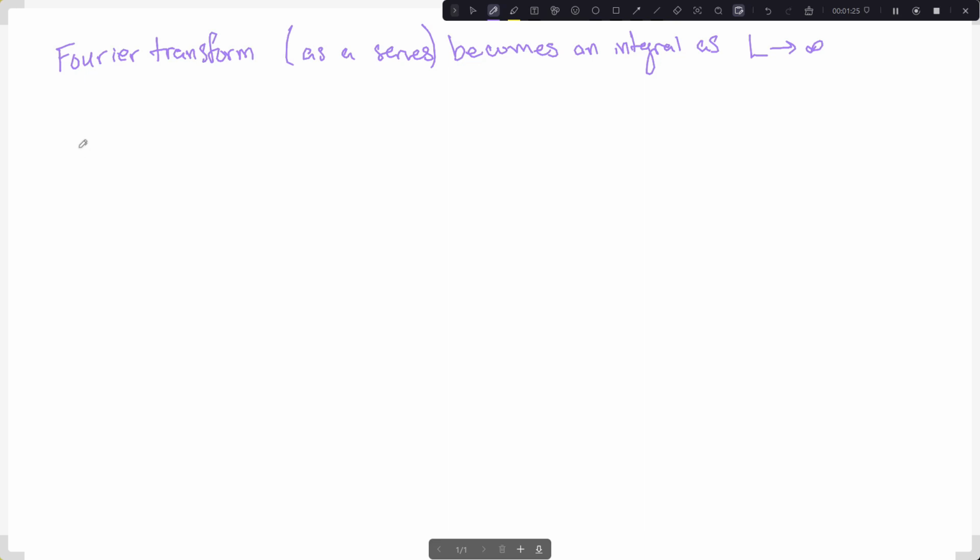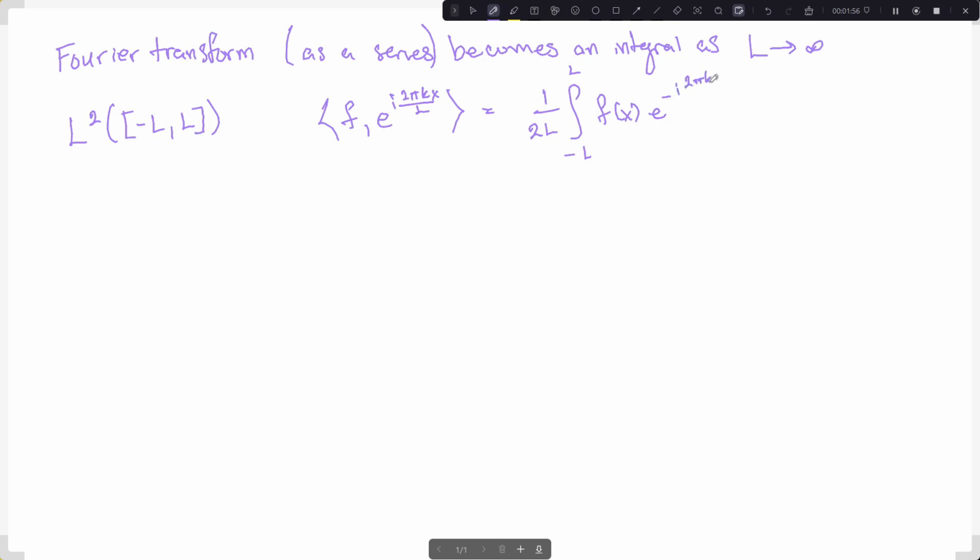And actually that's the Fourier transform over the interval minus L to L, which means my inner product with f with e to the I 2 pi k x over L, which traditionally would look something like this, f of x e to the minus I 2 pi k x over L dx.